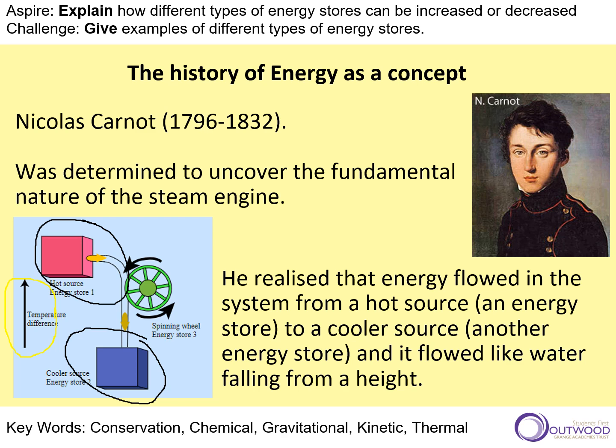So it would flow like down from here, and you could take that energy and you could use it, and they used it in this sense for a spinning wheel. Okay, so it flowed like water and you could use it for a third energy store. And that's what he discovered, quite simply.